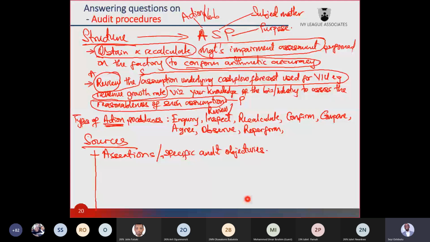Think of requirements of relevant IFRS. So one of the things that may help you understand the relevant objective is what the standard says.